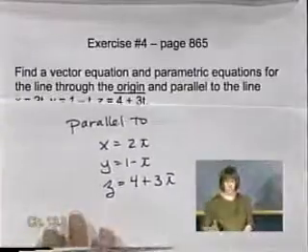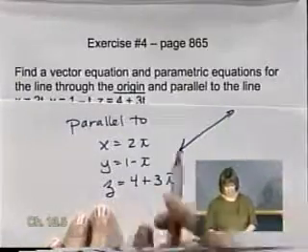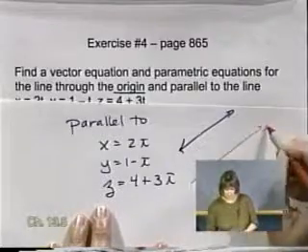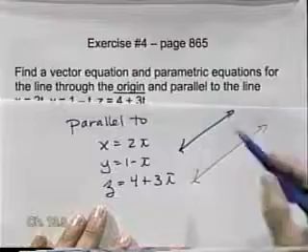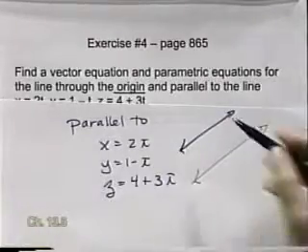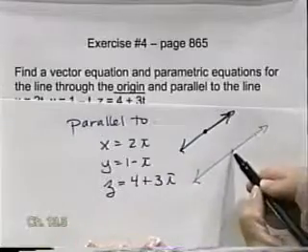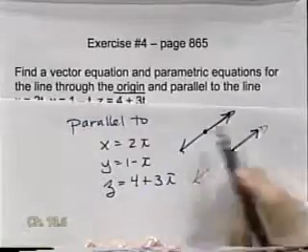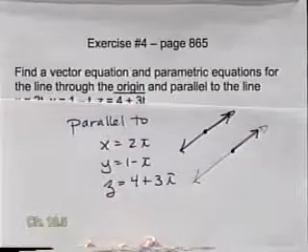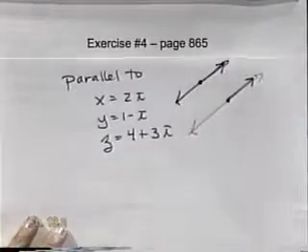So let's just think about what's going on here. Maybe my line looks like this, and they're telling me my line has to be parallel to some other line. And I need a vector that's parallel to my line. Well, if I could find a vector parallel to the other line, both lines are parallel to that vector, right? So can anybody get me a vector that's parallel to this line? What is a vector parallel to this line?